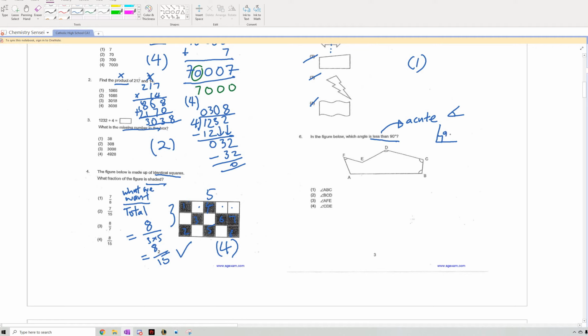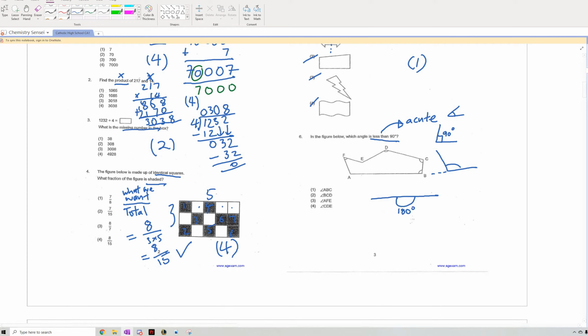Okay, for angles that are greater than 90 degrees but smaller than 180 degrees, they look like this. Okay, greater than 90 degrees but smaller than 180 degrees. Okay, so a straight line over here is 180 degrees.